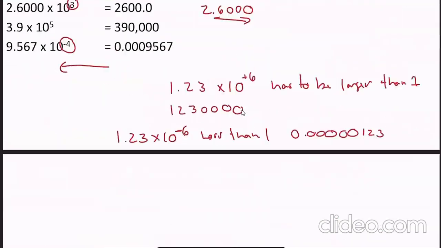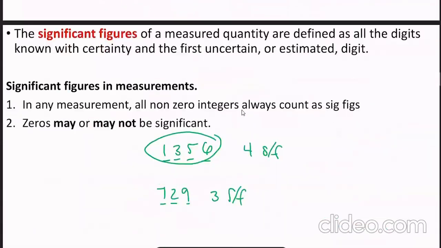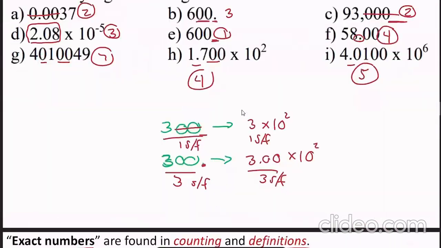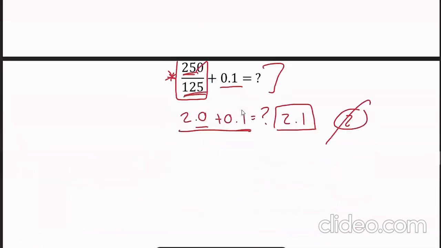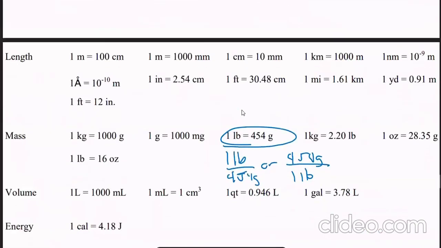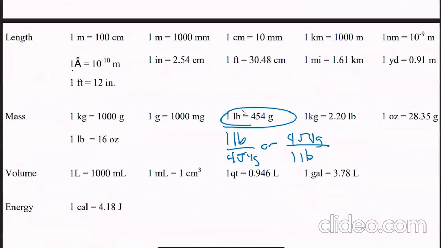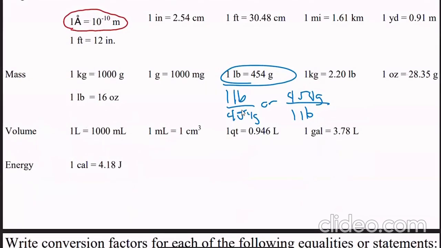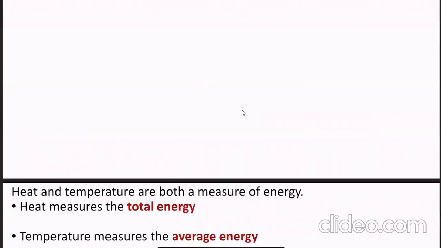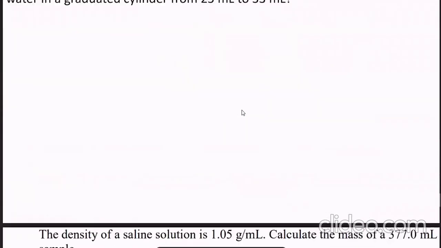Our second conversion factor comes from this table. We're also going to use this. 1 angstrom is equal to 10 to the minus 10 meters. Where's my blank page?